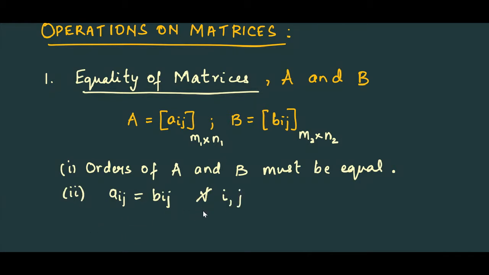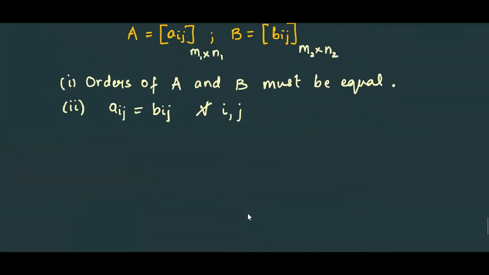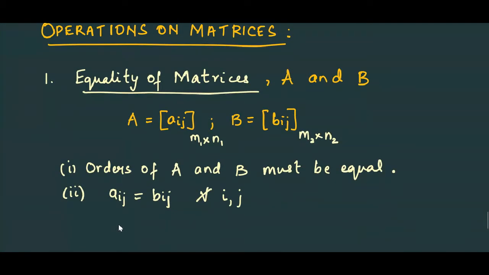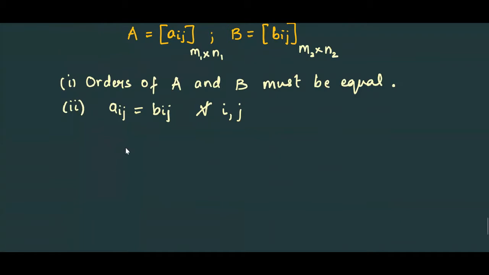This notation is for all, for every. So when I write Aij is equal to Bij for all i and j, this is the equality of matrices.